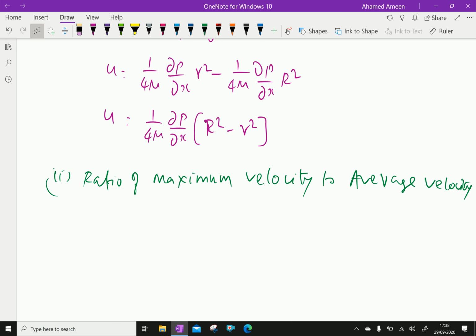Here the velocity is maximum when r equals 0. When r equals 0, the velocity becomes maximum.